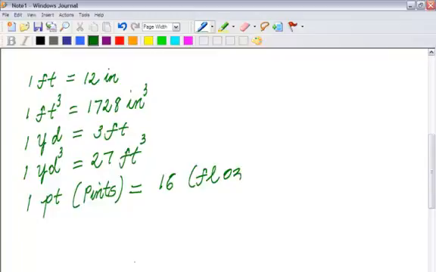So this is another unit for volume. Oh sorry, let me delete. I want to write fluid ounces here.